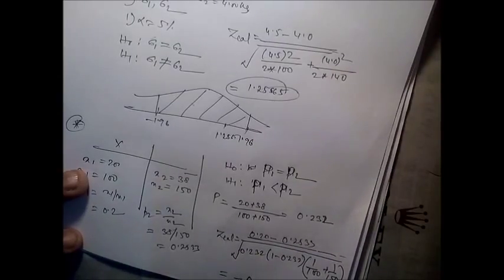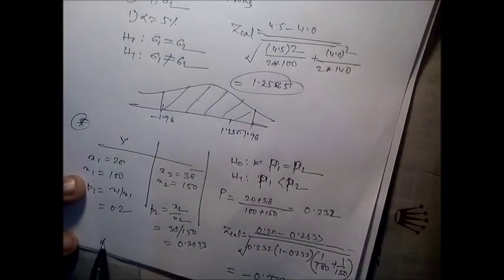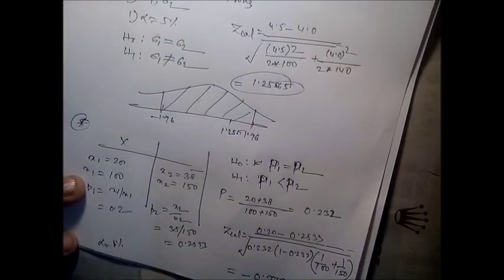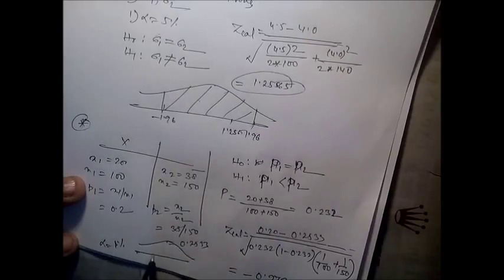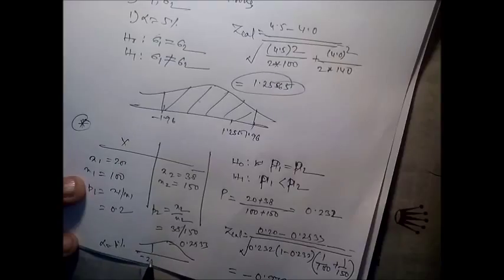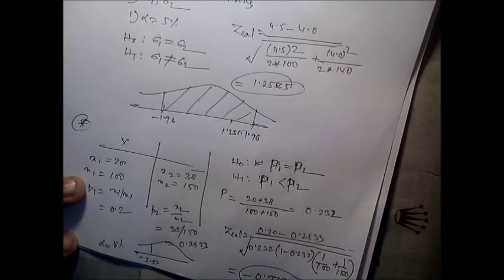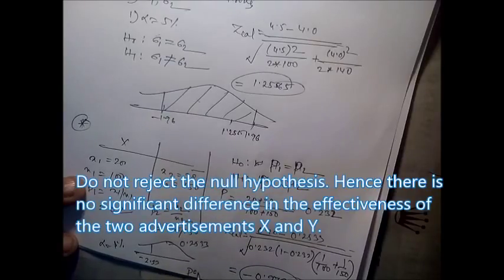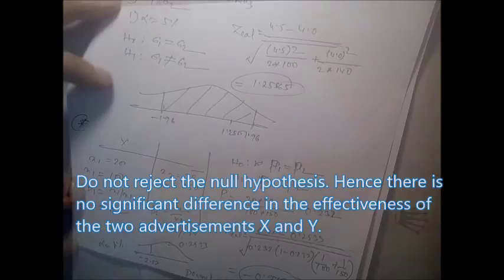The value is minus 0.9797. Alpha is equal to 1%. Clear? And it is a left tail test. The critical value is minus 2.33, and the calculated value is minus 0.9797. So do not reject the null hypothesis.